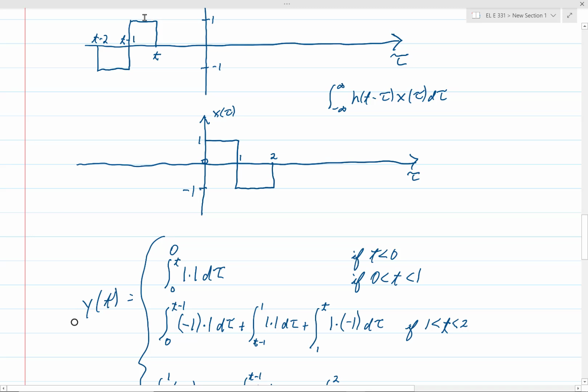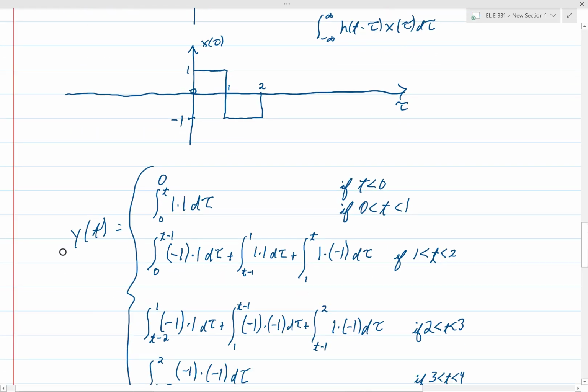And so beyond that, we have part of this positive portion of h overlapping with this portion of the negative part of x.